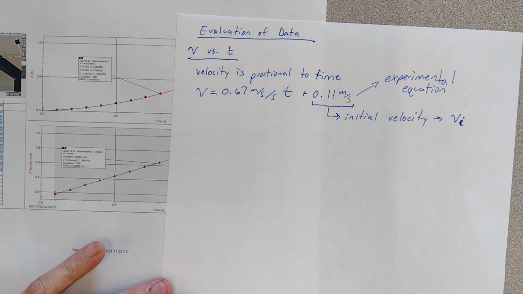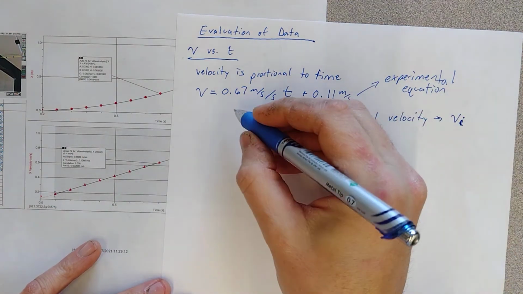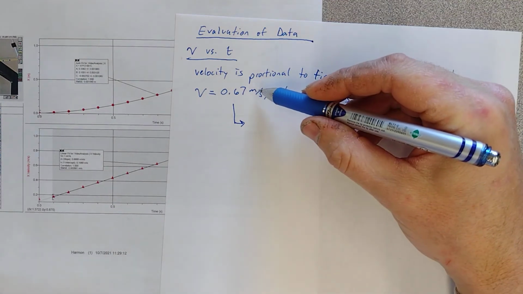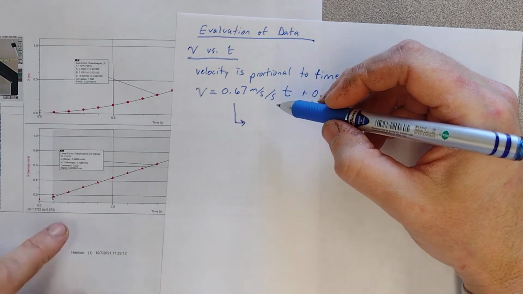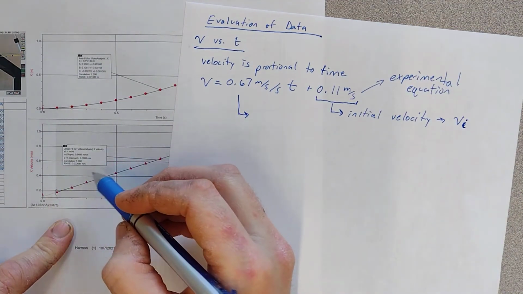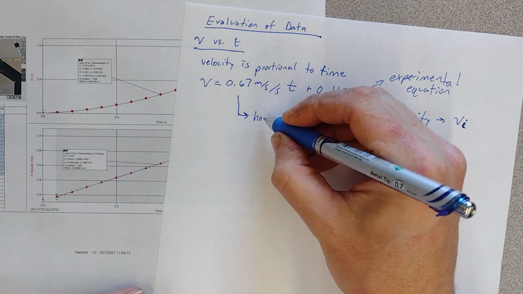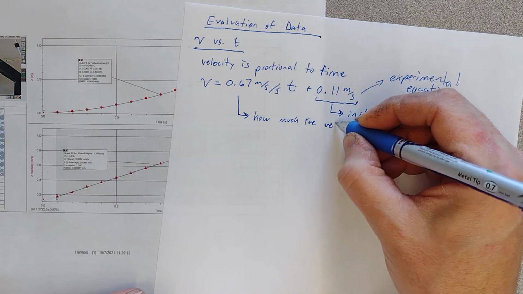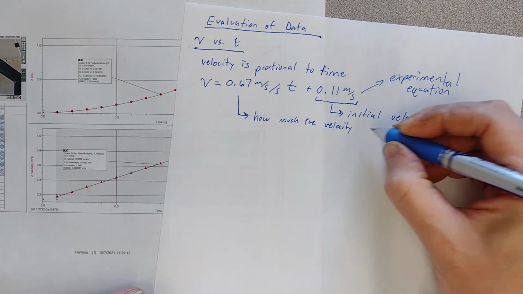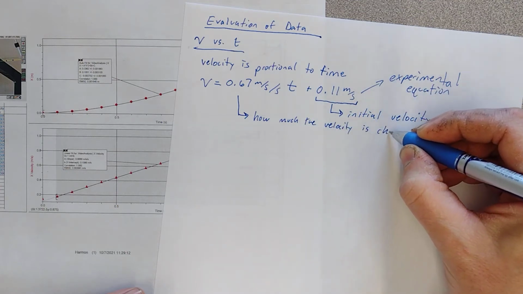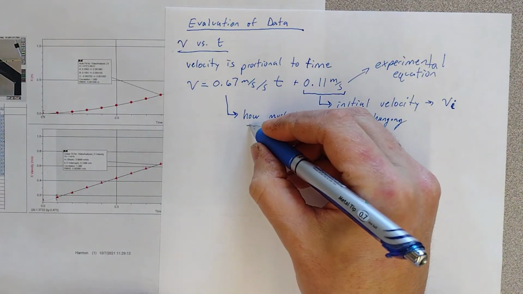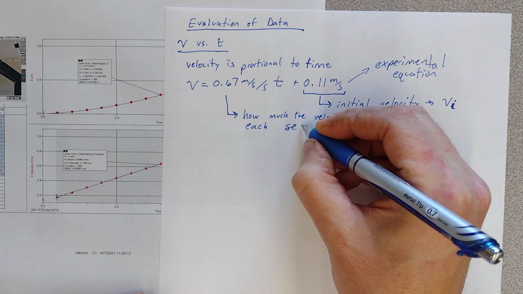From there, we look at the slope. All right, the slope here, 0.67 meters per second. So that's the rise over run. That's how much the velocity is changing each second.